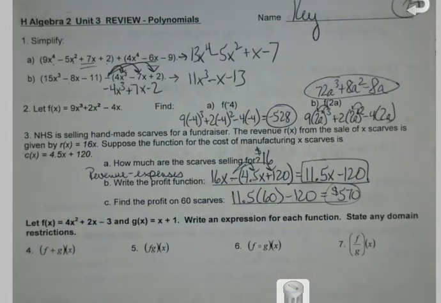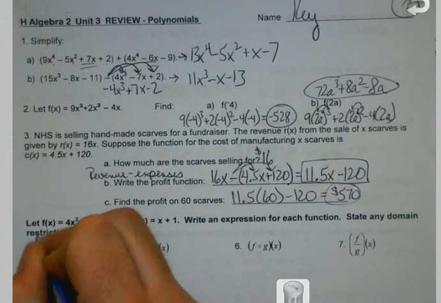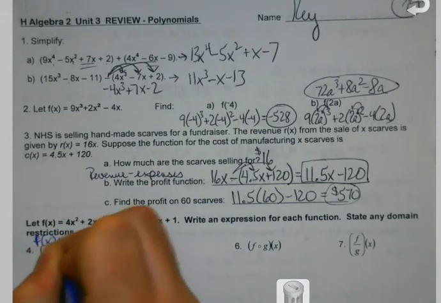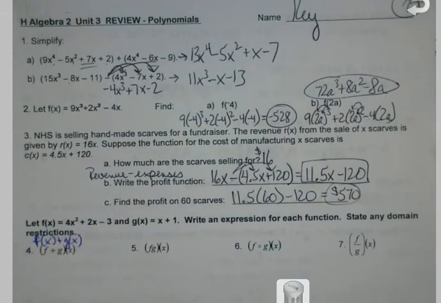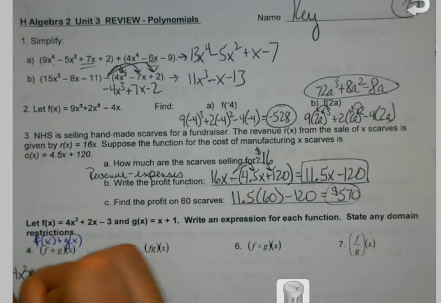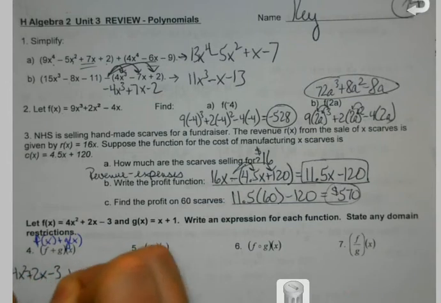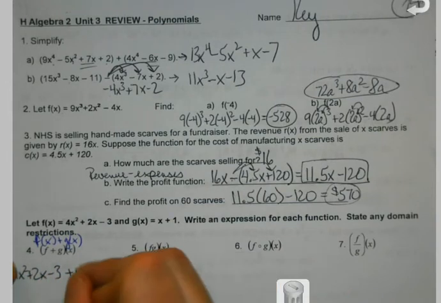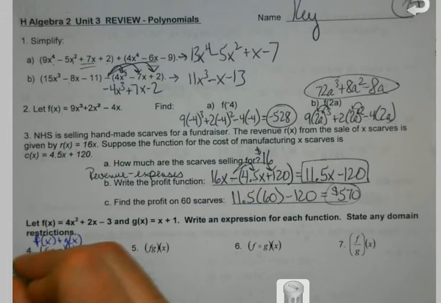So then when we continue with our function notation, again, write the expression. The x here is a label. And when I say a label, what I mean is this is f of x plus g of x. Doesn't mean I add them together and then multiply by x. It just means f of x, 4x squared plus 2x minus 3, plus g of x, x plus 1.